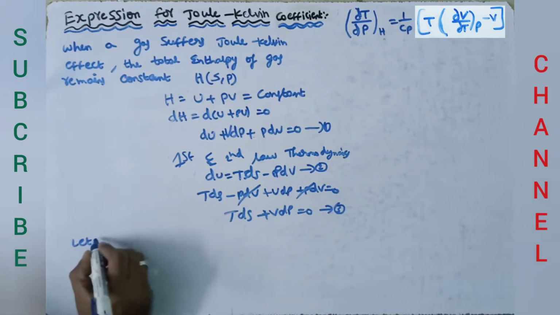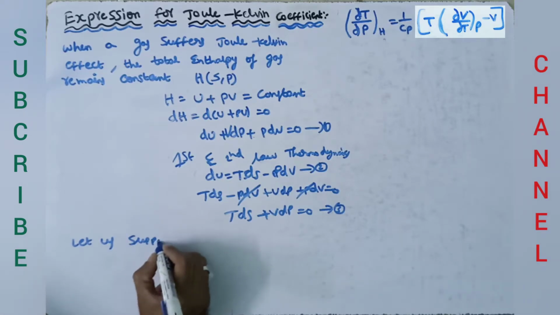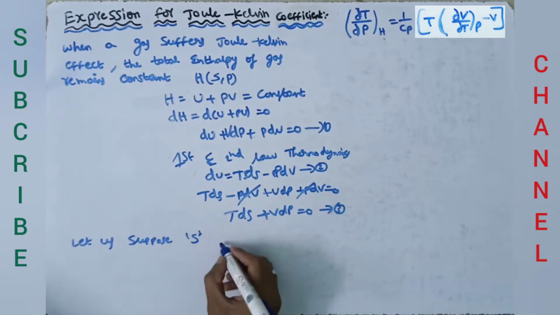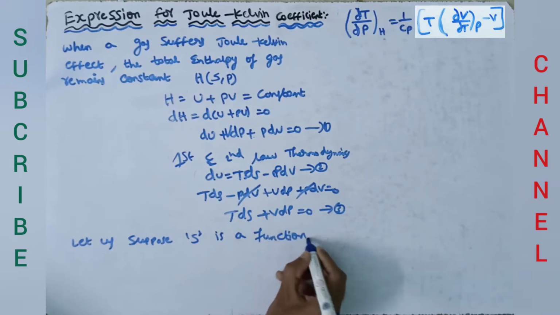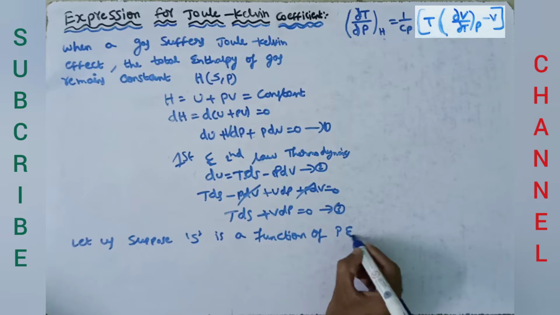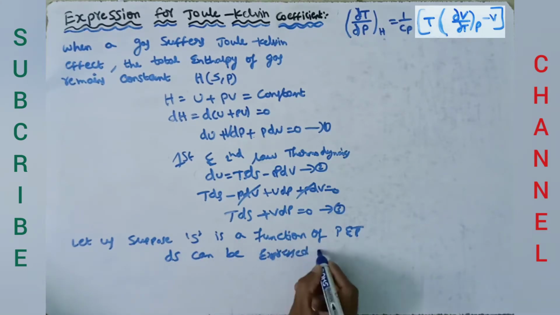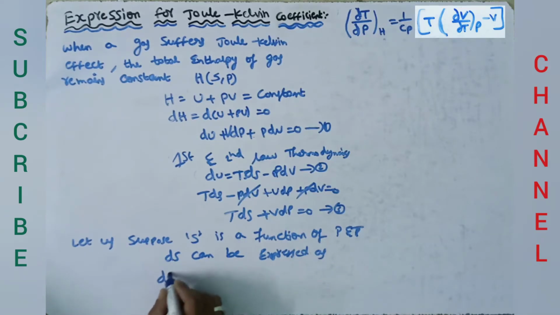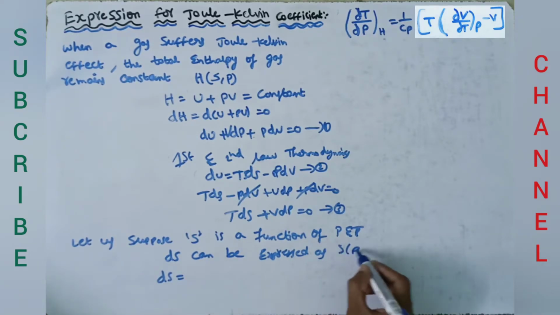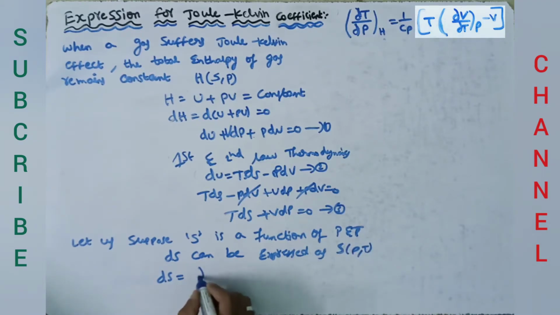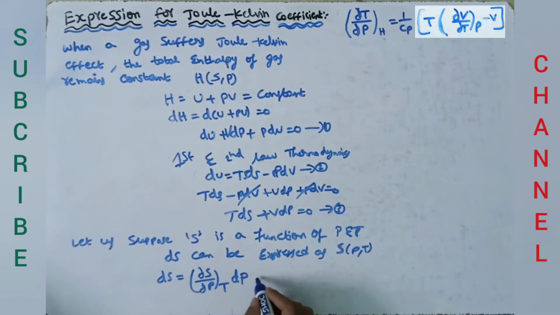Let us suppose entropy S is a function of pressure and temperature, then the change in entropy dS can be expressed as dS is equal to dou S by dou P, where temperature is constant, into dP, plus dou S by dou T, where pressure is constant, into dT.